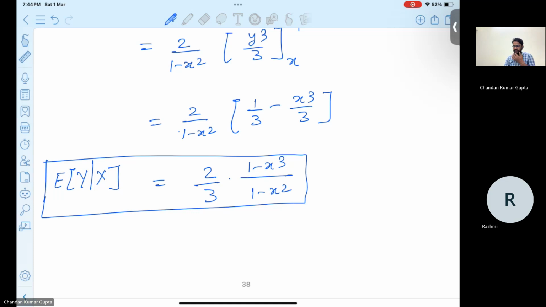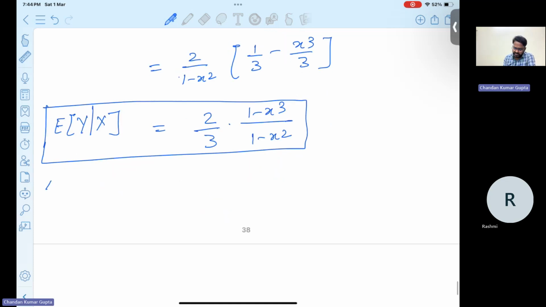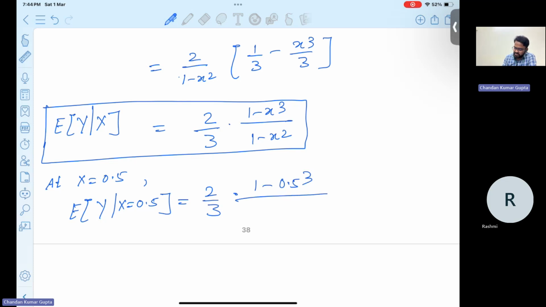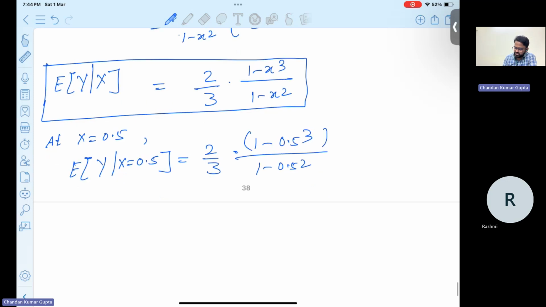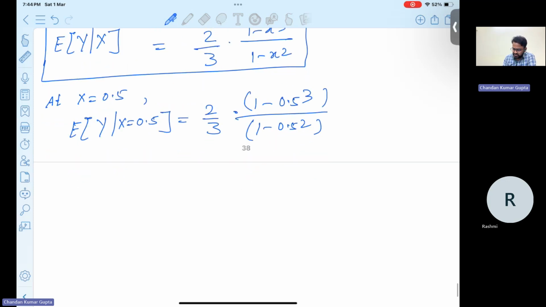Now suppose, for example, we consider x equal to 0.5. Then the expected value of y given x equal to 0.5 is 2/3 times (1 minus 0.5 cubed) over (1 minus 0.5 squared). I have not done the calculation.